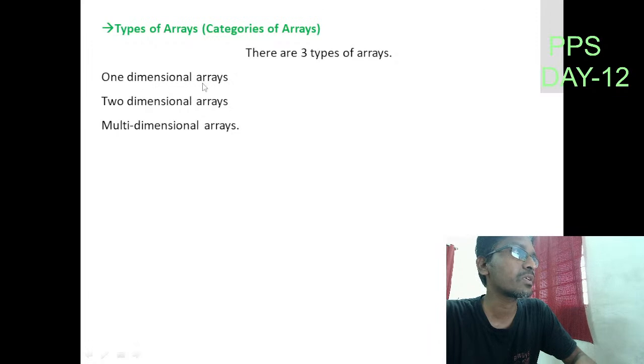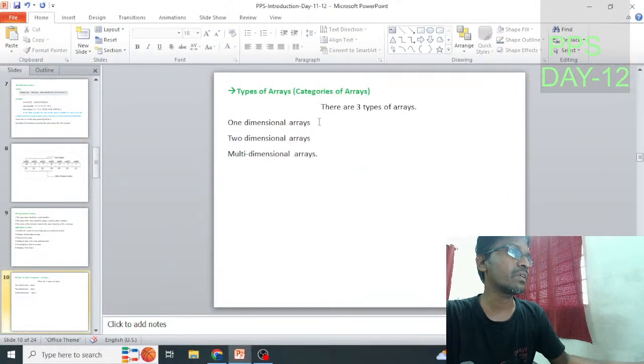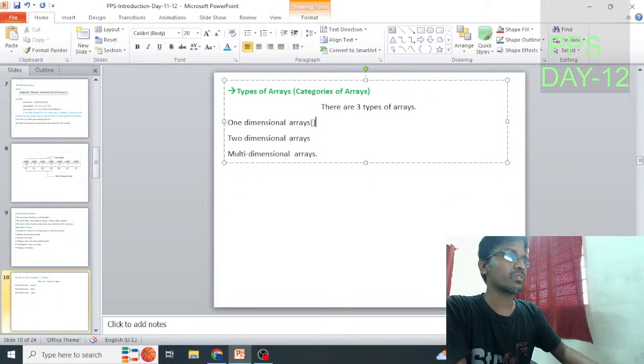What is the difference between a one-dimensional array, a two-dimensional array, and a multi-dimensional array? If it is a one-dimensional array, you have to use only a single square bracket, a single subscript. If it is a two-dimensional array, you have to use two square brackets, two subscripts.